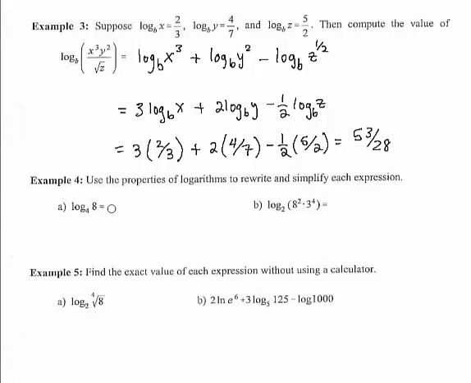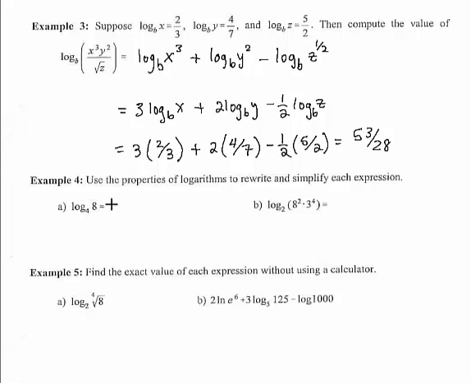Example 4, it says use the properties of logarithms to rewrite and simplify each expression. Alright, so let's see, we've got log base 4 of 8. How could we rewrite this?